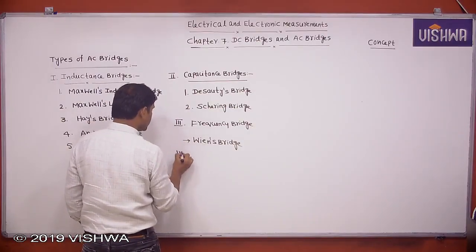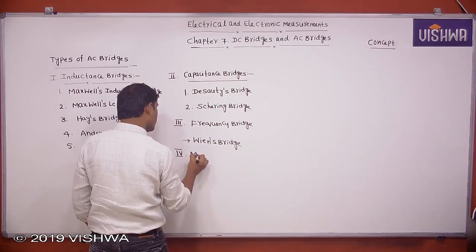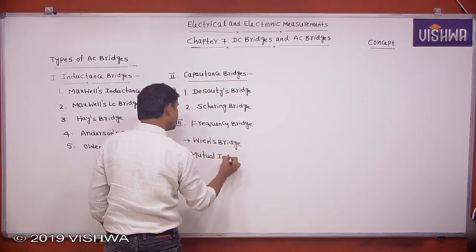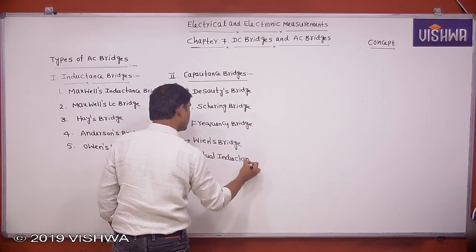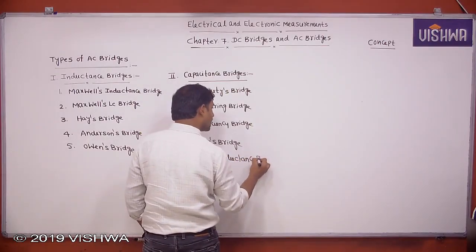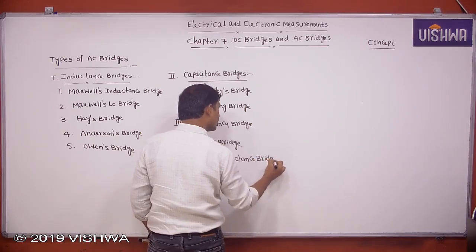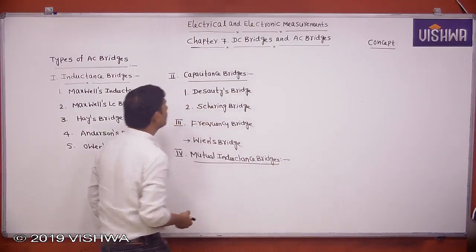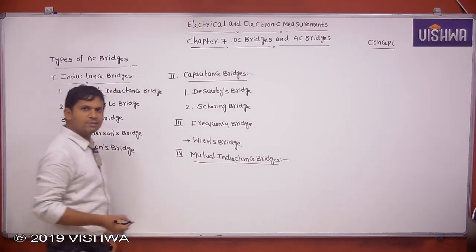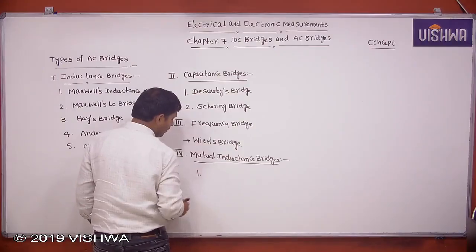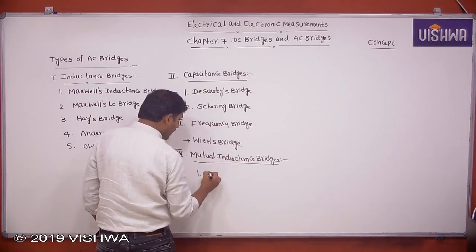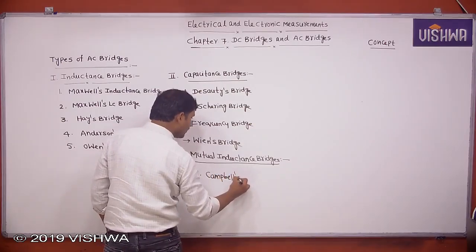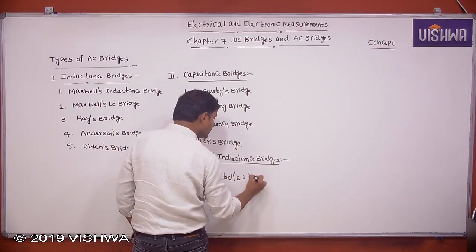The fourth one is mutual inductance bridges. In mutual inductance bridges, one is Campbell's and Heaviside bridge.